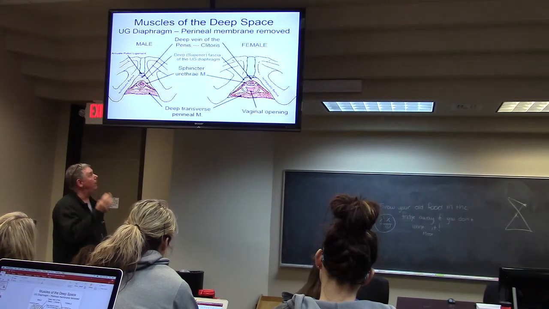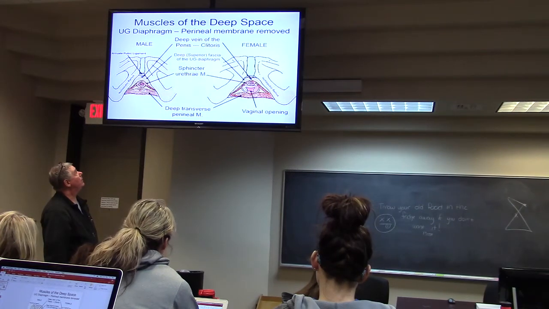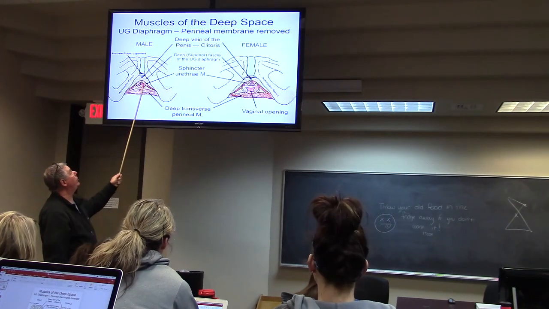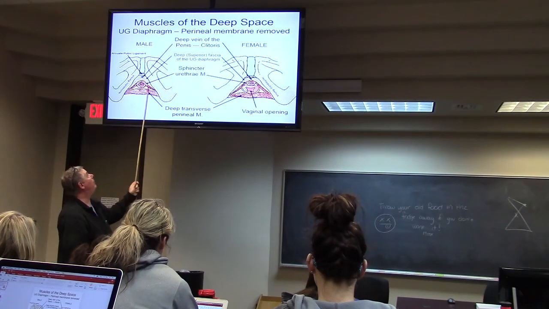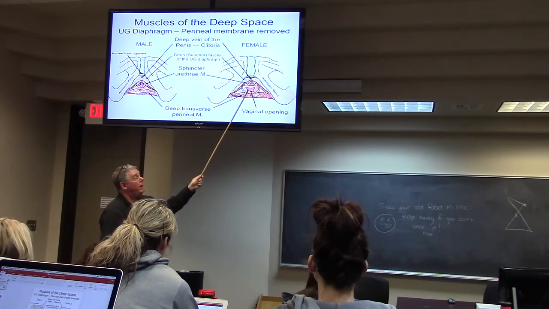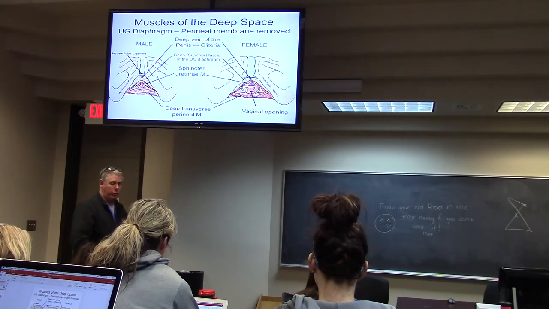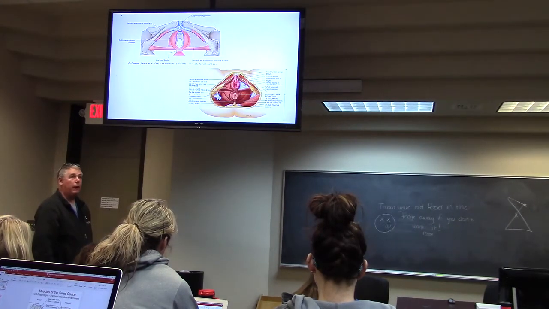Just keep that in mind for later on. Here's the sphincter urethrae, around the male, around the female, it's up here. Remember that the urethra is anterior to the vaginal opening. Any questions about this? All right.